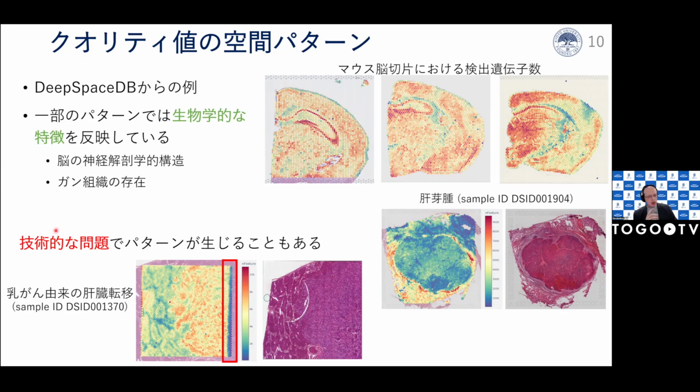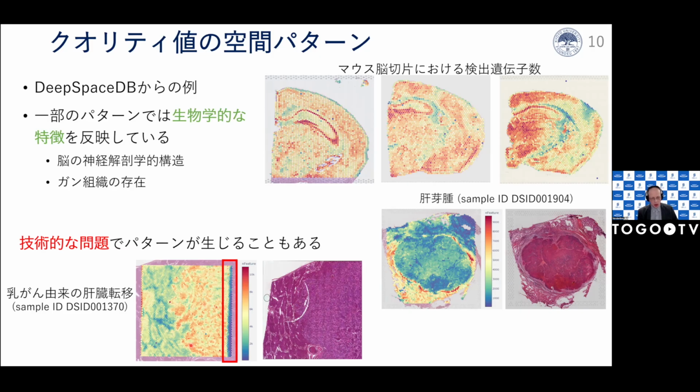On the other hand, in some samples, we can see a clear technical problem. So here I'm showing one example. This is a liver sample with metastasis from breast cancer. And this is the image of that tissue. It looks perfectly fine, I think. And here this too looks okay.